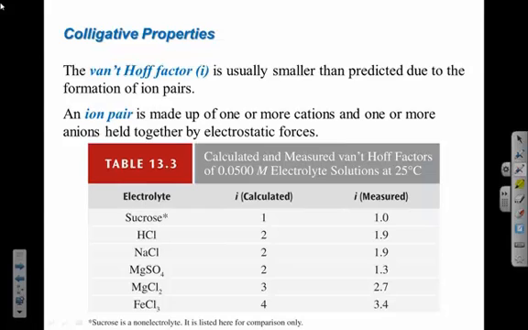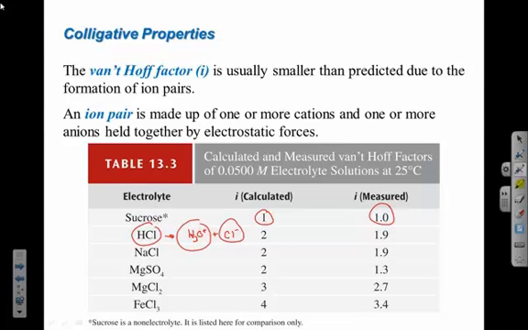So for sucrose, the predicted value was 1, it's exactly 1. It can't be less than 1. It's not like I can get less than 1 particle for every 1 particle I add. That doesn't make any sense. For a strong electrolyte that dissolves in water, if it's a strong acid, it should produce ions.